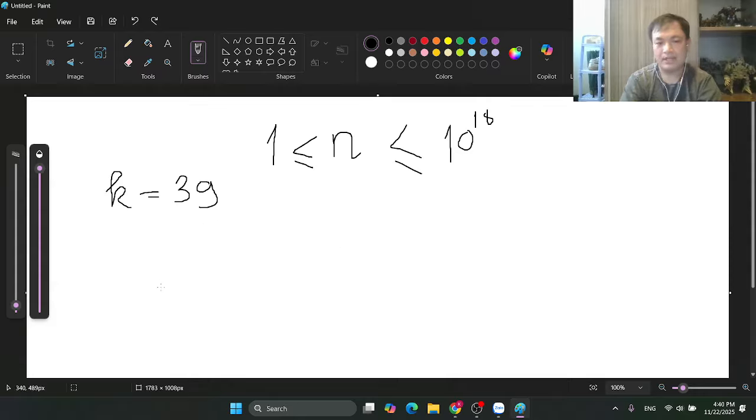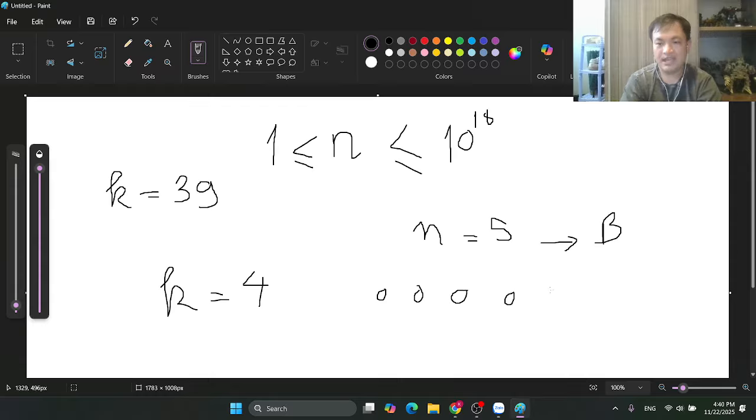If k is 4 and you ask with n is 5, the judge will tell you B, because in this game you have 5 stones and A goes first.